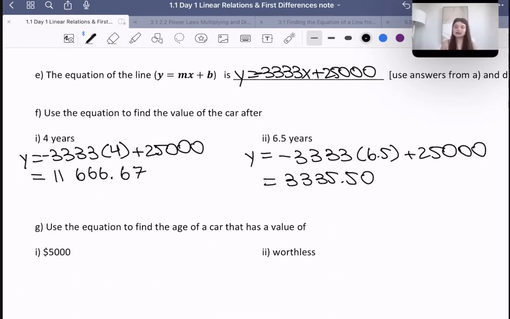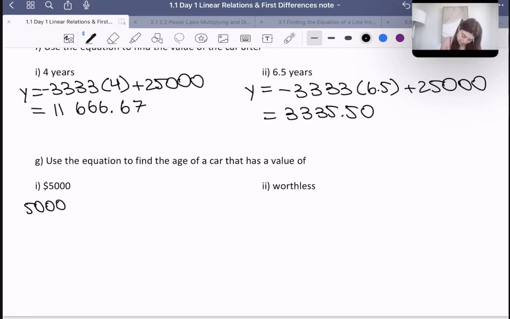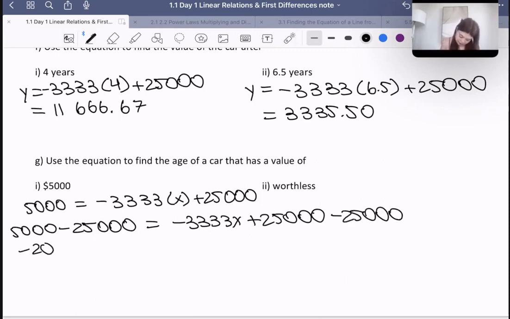And now it says, use the equation to find the age of the car that has a value of $5,000. So now we're going to put 5,000 for y, and we want to know, when is this going to be $5,000? Okay, so we must isolate x. What I'm first going to do is subtract $25,000 from both sides. On the left, we're going to get negative $20,000.